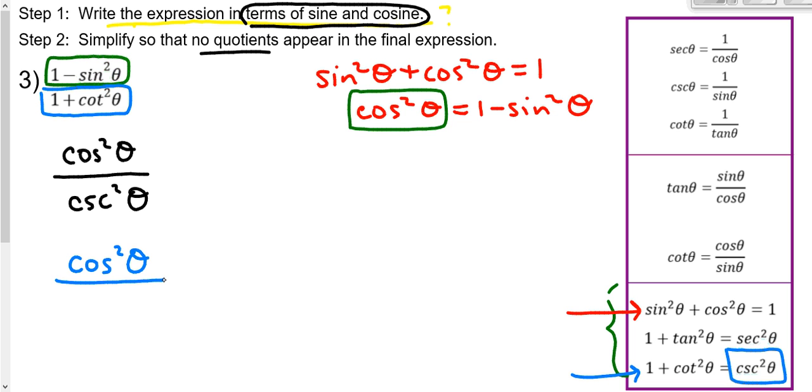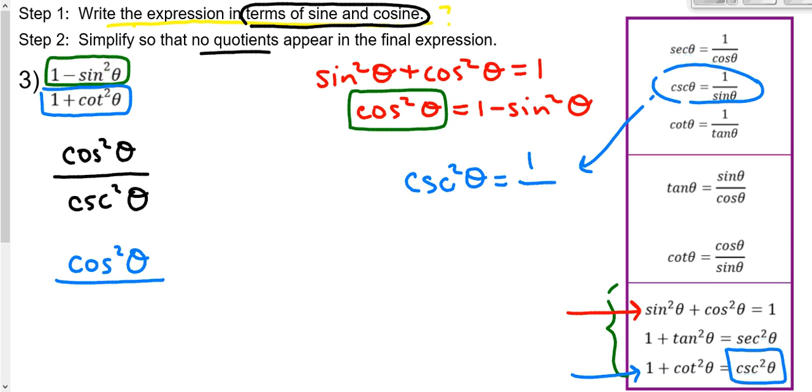But for cosecant squared theta, we can use the reciprocal identity, and cosecant squared theta would be the same as 1 over sine squared theta, if we just square that reciprocal identity. So we have that replacing the cosecant squared theta.